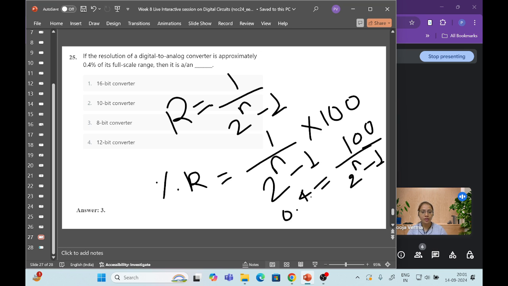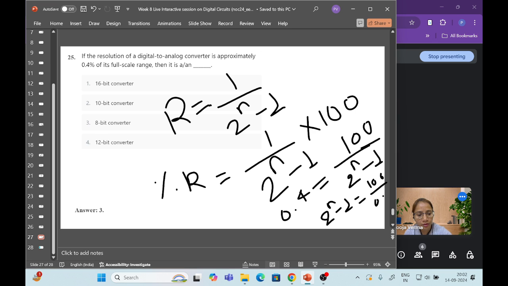Can you find the value of n? If we take 2 to the power n minus 1 to this side and put 100 divided by 0.4, we get 2 to the power n minus 1 equal to 250.